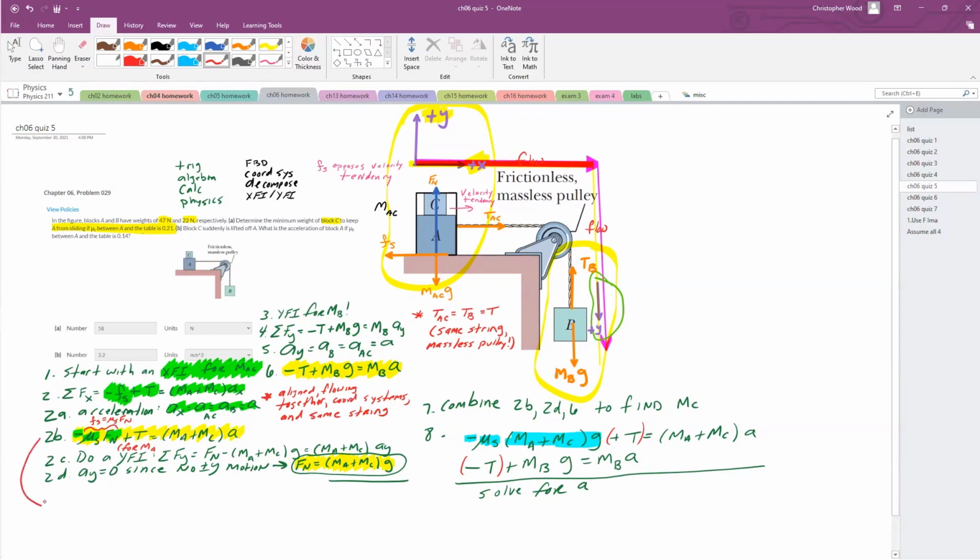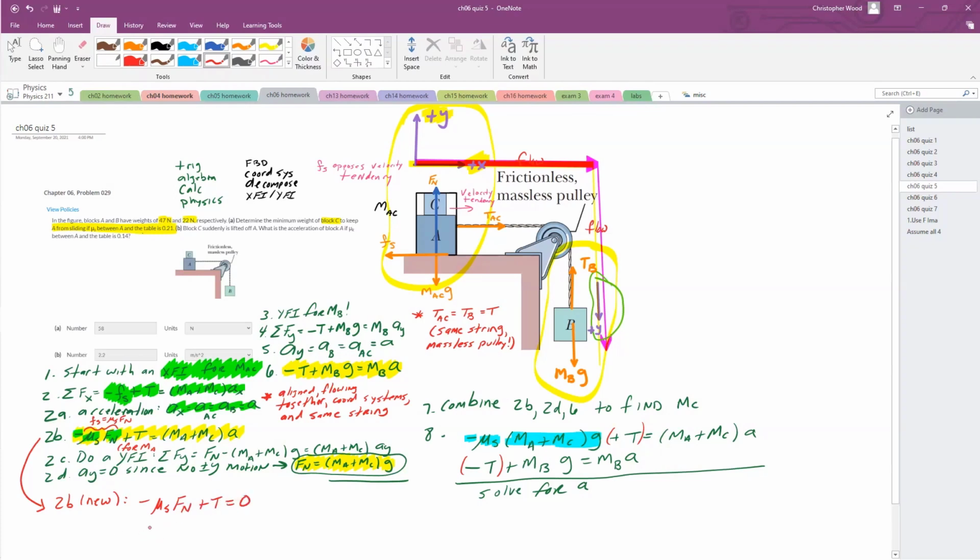All right, so this will be the new 2B. The new 2B is minus coefficient of static friction, so it does get a lot easier, times F sub n plus T equals 0 because nothing's accelerating.